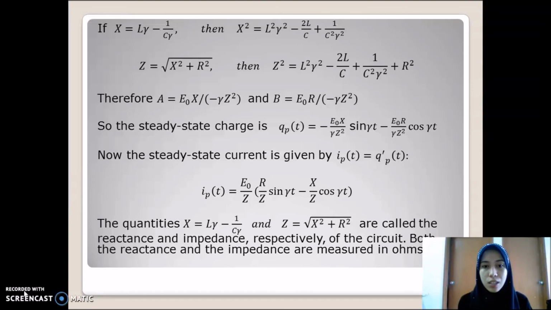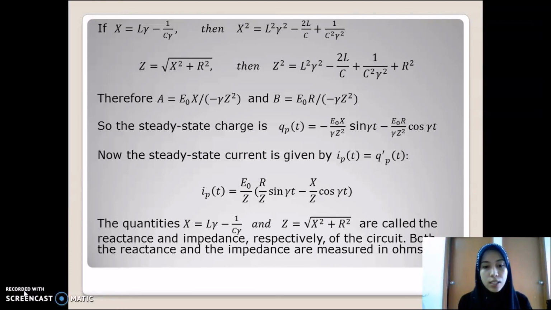So the steady state charge is Qp(t) equals negative E0 X over gamma Z squared sin gamma t minus E0 R over gamma Z squared cos gamma t. Now the steady state current is given by Ip(t) equals Q prime p(t), which is the equation below.